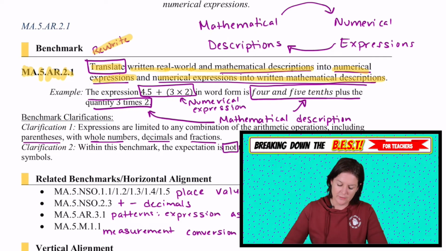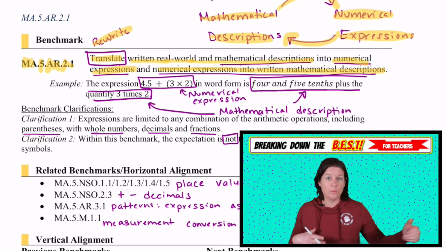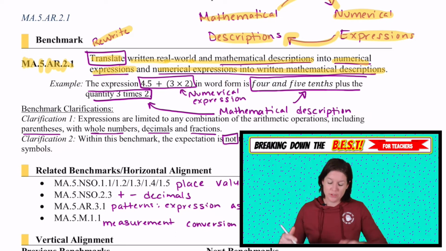Basically, we might be given a mathematical description and we'll need to translate it into a numerical expression. Or we might be given a numerical expression and we need to translate it into a mathematical description. What is a mathematical description? What is a numerical expression? Let me show you.